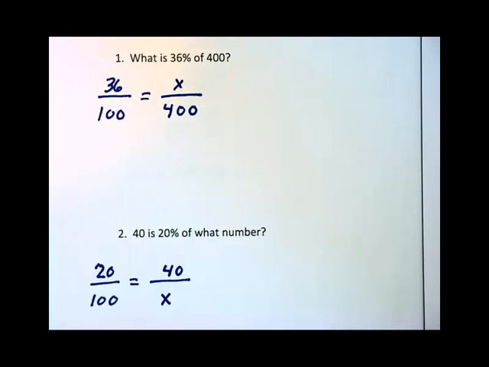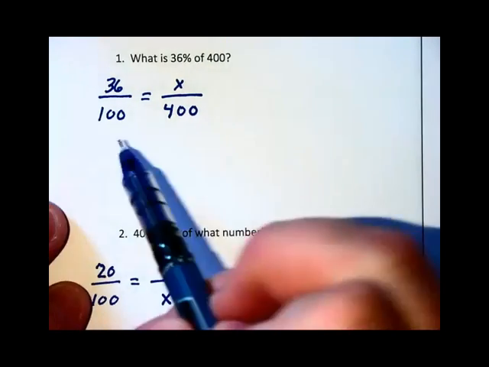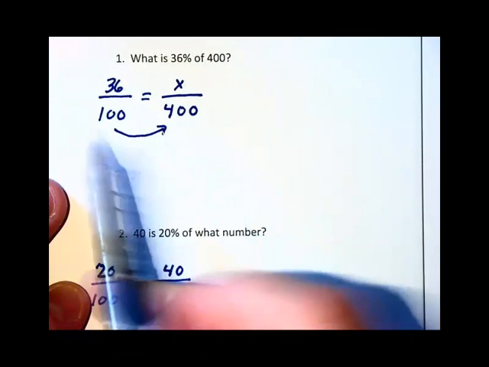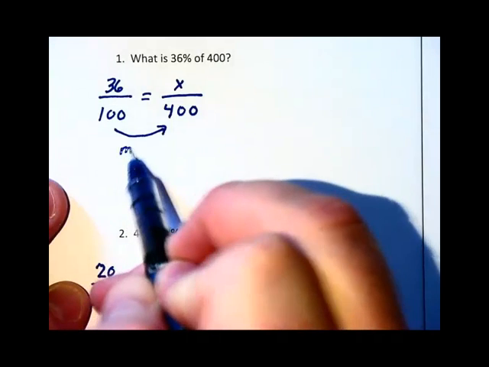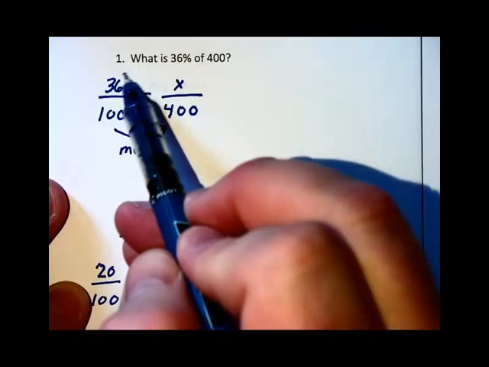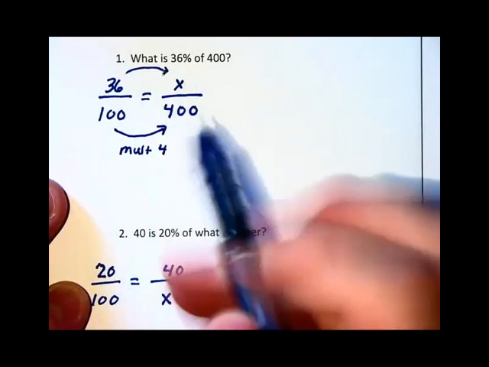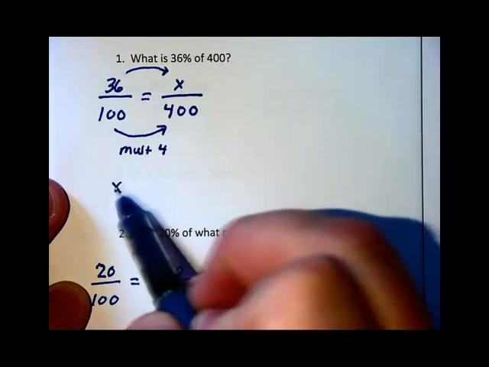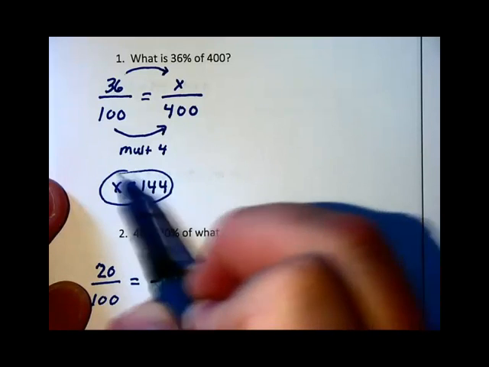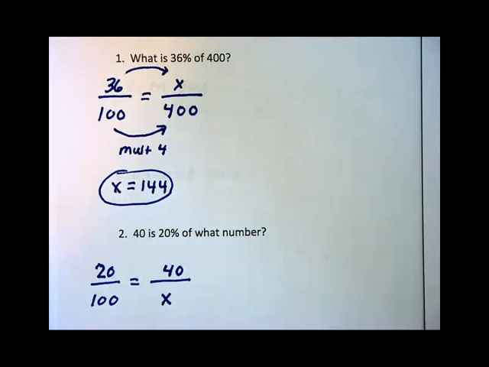Each of these can be solved by cross multiplication, but if you notice nice, neat relationships, such as in this first problem, I can multiply by 4 going from the first denominator to the second. I can do the same thing up in the numerator, 36 times 4, and I can get x equals 144 in a nice, clean way without having to do much mental arithmetic.